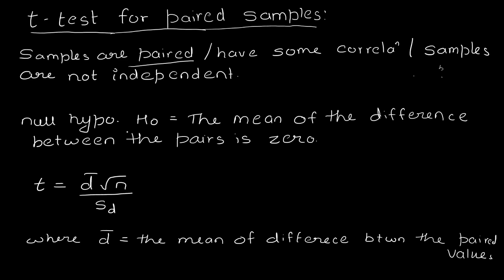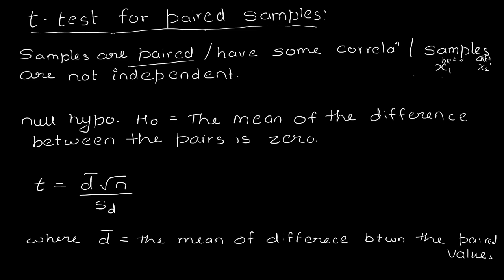Now in this case the null hypothesis is that the mean of the difference between the pairs is 0. Suppose this is x1 data, the blood pressure value before food, and this is x2 after food.